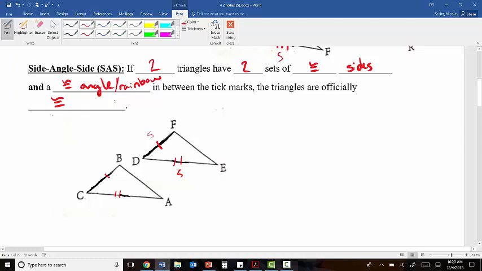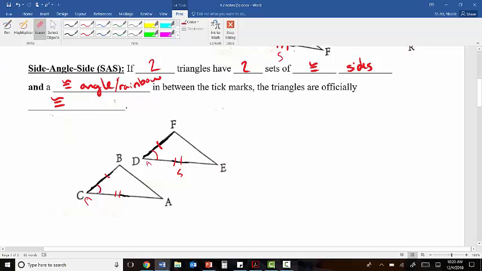Here's what I mean. In this picture, your rainbow has to go here. It cannot go here or here. And in this picture, your rainbow has to go here as well. When you see a rainbow, you think angle. If you do that, you can see the SAS theorem.